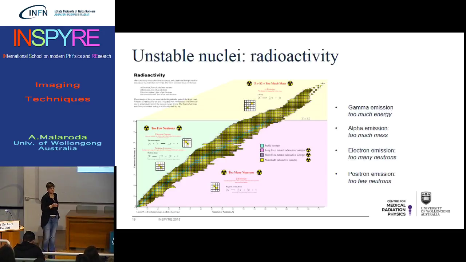So what happens to the nuclide? If I transform a neutron into a proton, the chemical element changes. So I end up with a different element, plus an electron. So I'm emitting electrons with a certain energy.